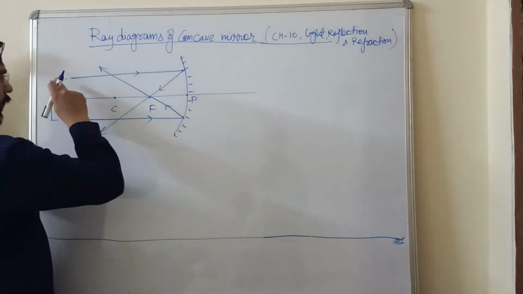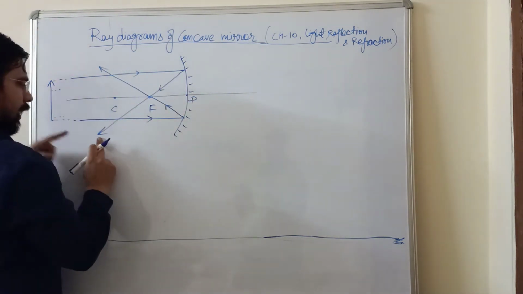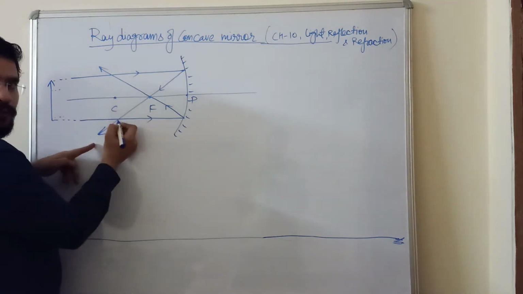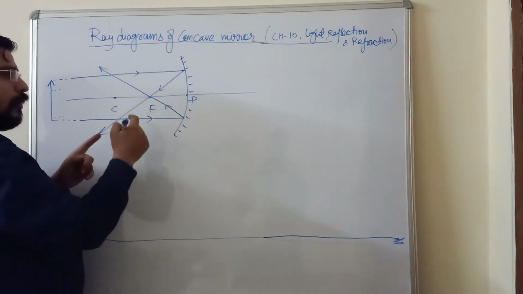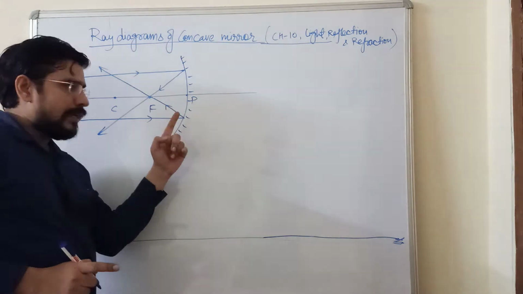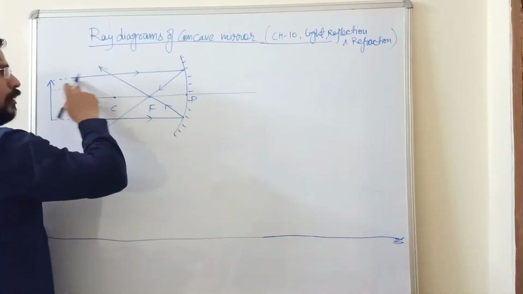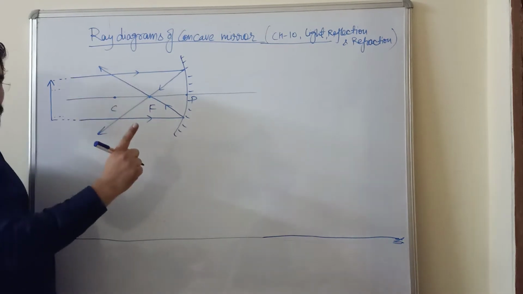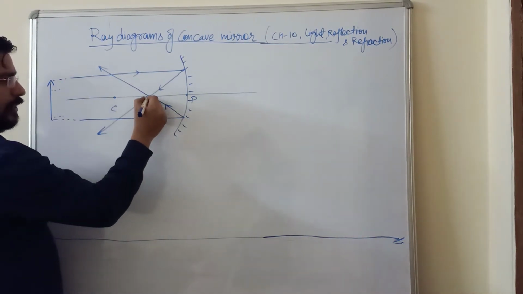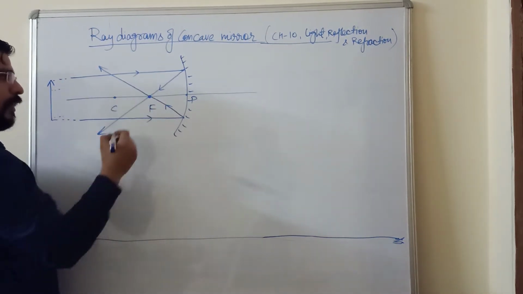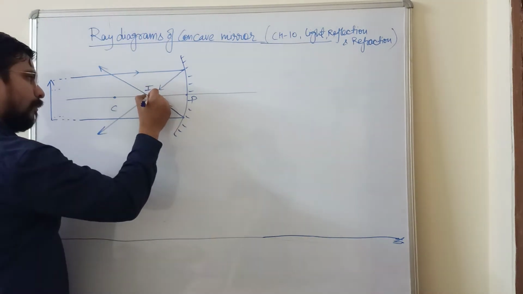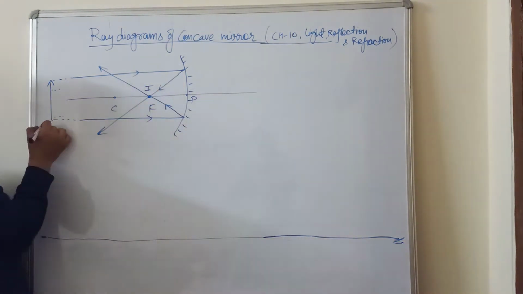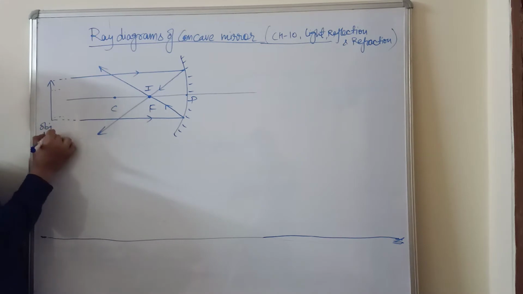Some students say that, sir, this is the line reflected and this is the ray coming, so here image will form. That is wrong. We are looking for point where rays are meeting after reflection. So first ray after reflection, second ray after reflection. First rule is applied twice, and the rays are meeting at principal focus after reflection. So our image will form at this focus point, and object is placed at infinity.